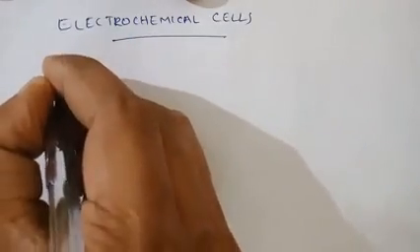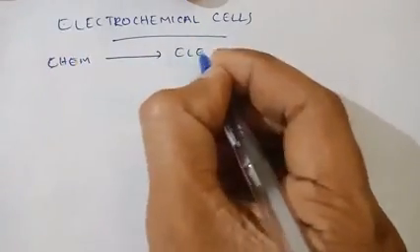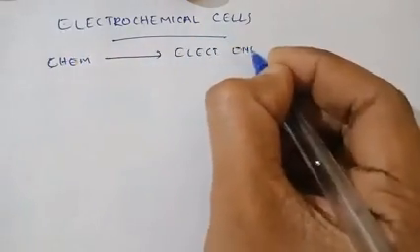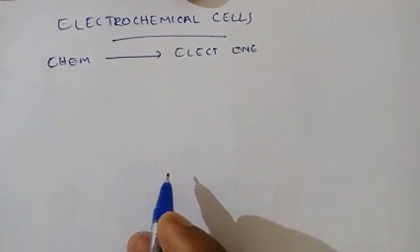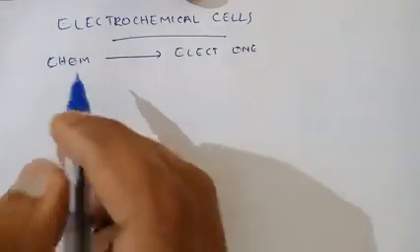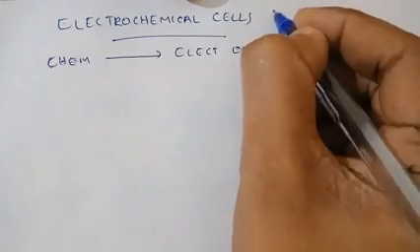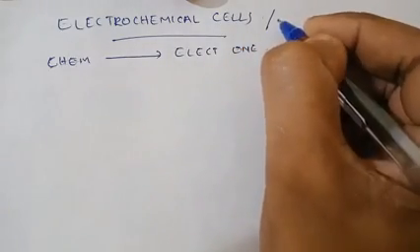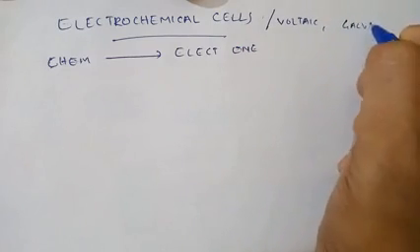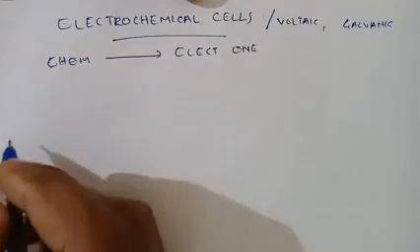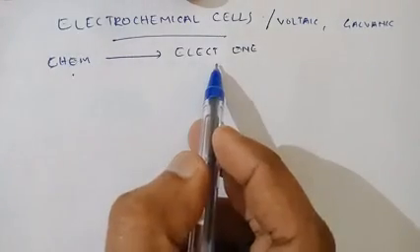Here chemical energy is converted into electrical energy, right? Some other names for electrochemical cell are voltaic cell and galvanic cell. So chemical energy is converted into electrical energy.